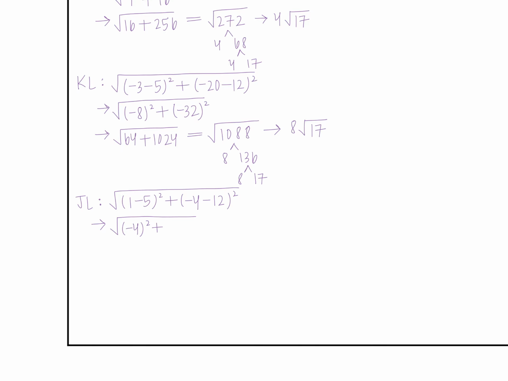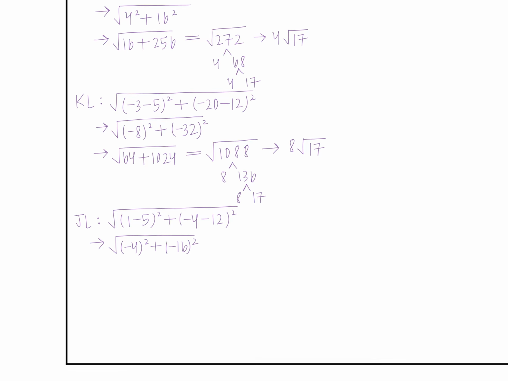And then negative 4 minus 12 will give me negative 16 squared. Looking back up here, you'll see that we had that, it was just positive. So we've got the same idea: 16 plus 256, which we said was going to be equal to 272, which will reduce down to 4 root 17.